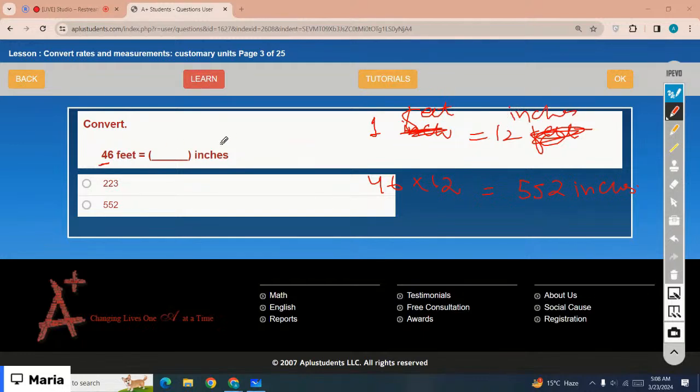Feet is a bigger unit and inches is a smaller unit, right? So for 46 feet, you have to multiply 46 times 12. That means 46 feet equal 552 inches. Whenever you go from a bigger unit to smaller unit, you have to multiply, right? The correct option is 552.